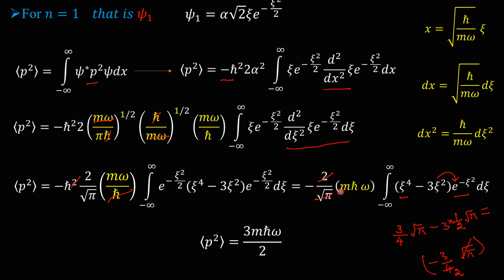In the numerator you have 3mħω, minus of minus, as I said, you will get plus. In the denominator you have 2. So we have found that p squared is equal to 3mħω by 2. Then we will move on further.